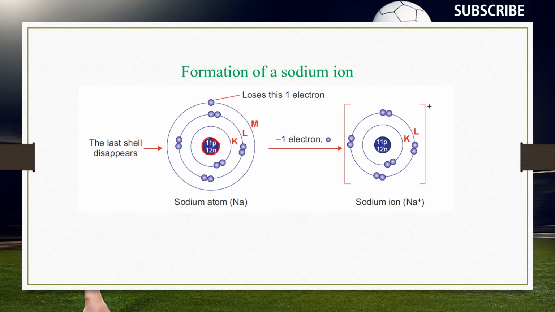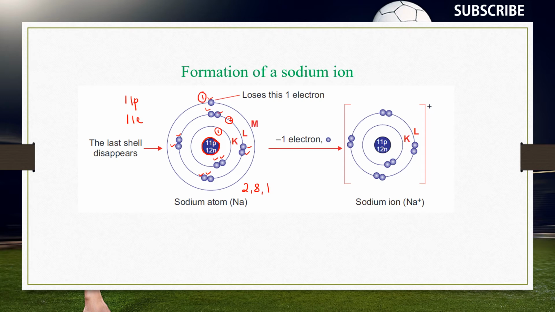And then it has 11 electrons. If we count these electrons, we have 2, 3, 4, 5, 6, 7, 8, 9, 10, 11. Basically, we have 2 in the first energy level. This is our first energy level. Then we have 8 in the second energy level. And then we have 1 electron in the outermost energy level.